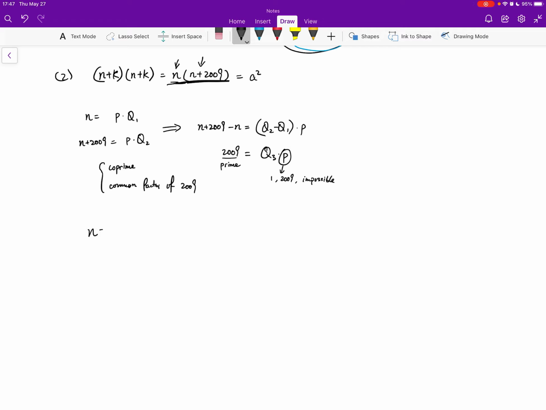Let's say right now that n equals p1 times p2 times p3 times p4 times p5, and so on, and n plus 2009 equals q1 times q2 times q3 times q4 times q5, and so on. I know I used a lot of p's and q's, so please don't be confused by that.